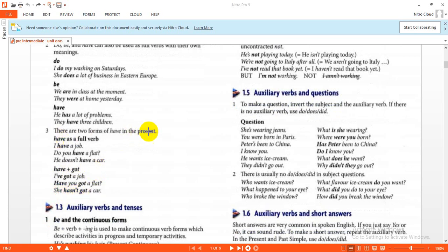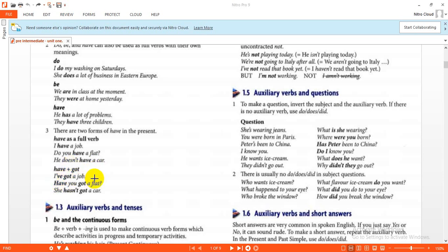الهاف تأتينا بمعنيين. المعنى الأول هو have as a full verb. I have a job لدي عمل. Do you have a flat؟ هل لديك شقة؟ He doesn't have a car هو لا يمتلك سيارة. have and got: I have got a job.